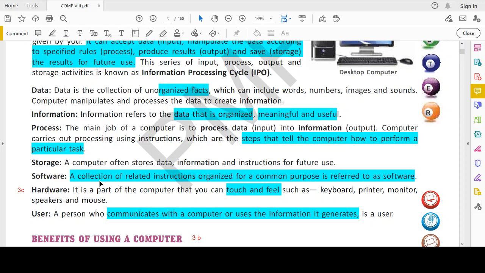If there is no software, you will not be able to work with the computer with the hardware alone. Suppose you have only the hardwares like the mouse, the monitor, the keyboard. So can you work only with them? No.